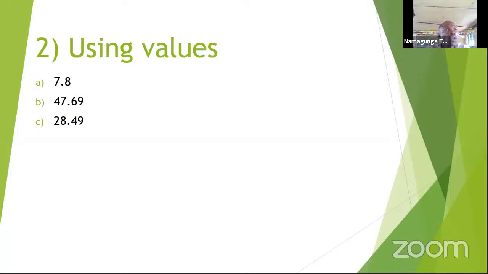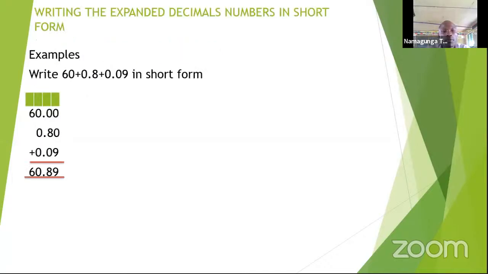We are to move on to the next one, which is now bringing back the other number we expanded back to the original number, or writing the expanded decimal number in short form.